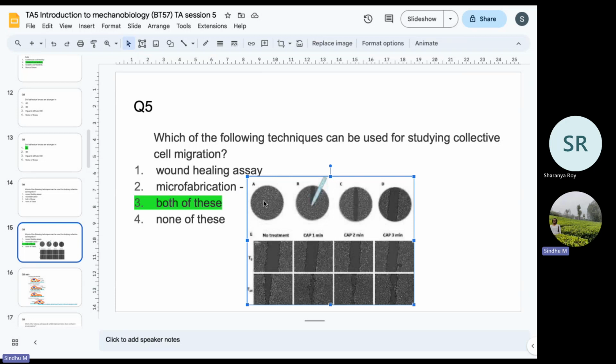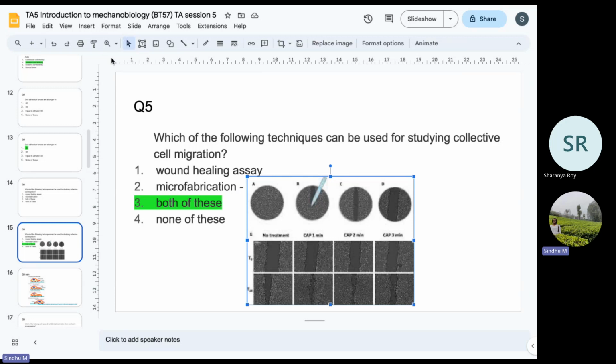Once they have formed this monolayer, meaning the cells are touching each other and there is no gap, then we say that it is confluent. Once they have become confluent, using a pipette tip, you just draw a line to make a scratch, and the cells will slowly move inside to close that gap. So this is the first method, the wound healing assay.